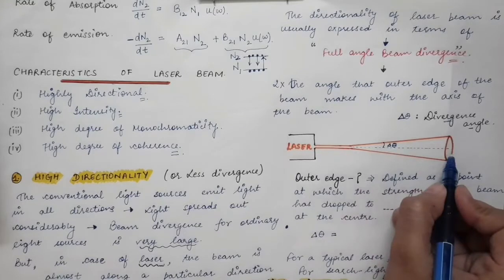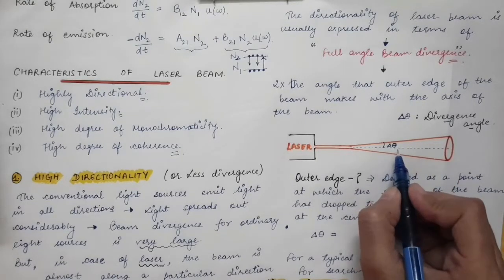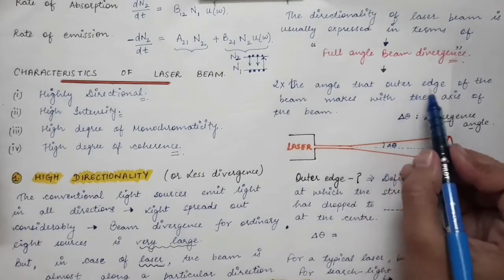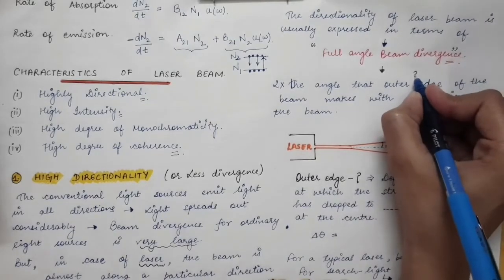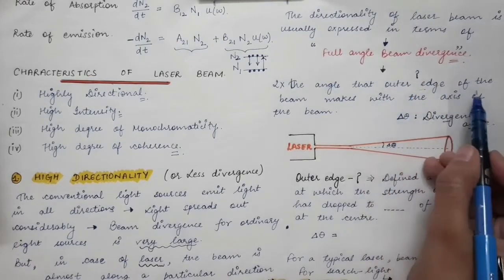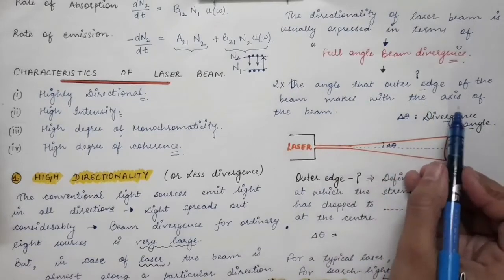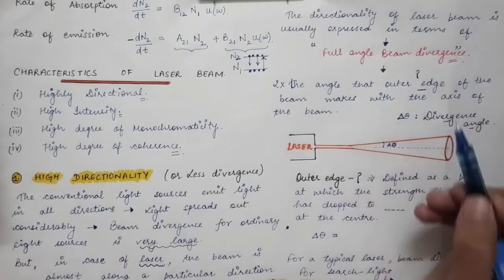So delta theta is the angle that the outer edge of the beam makes with the central axis. Now what is this outer edge?